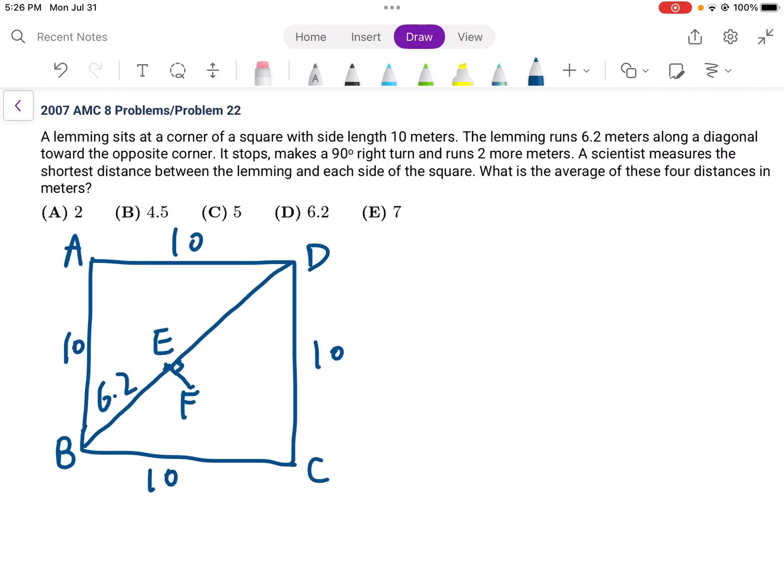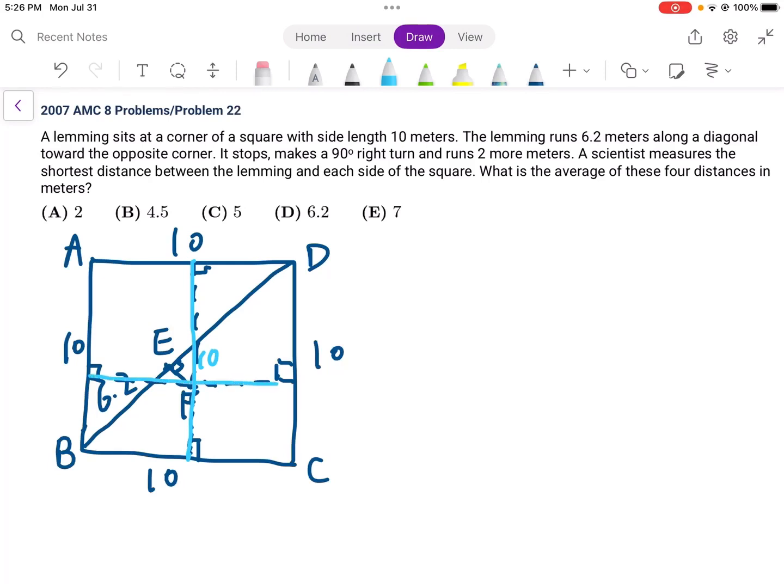We can draw the distance from F. Now we can observe that the distance from F to the opposite sides adds up to 10 meters.